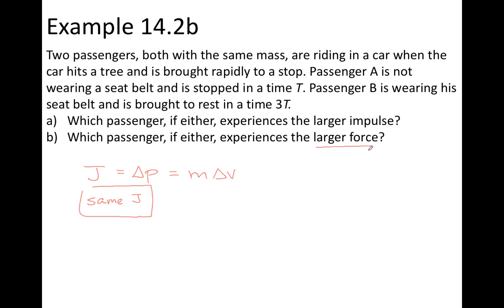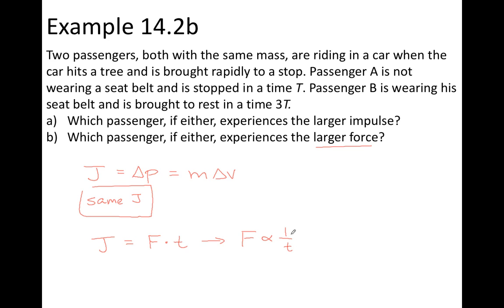But which one will experience the larger force? Well, they experience the same impulse, but they do not experience the same force. Impulse is force times time. Notice that force and time are multiplying to equal the impulse. Well, if two things multiply together to equal the same thing, that should tell us that force is inversely proportional to time.